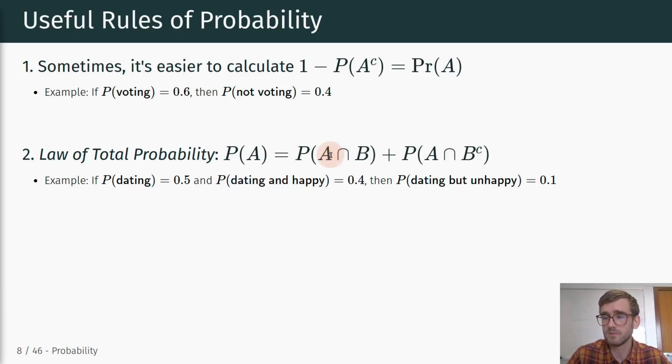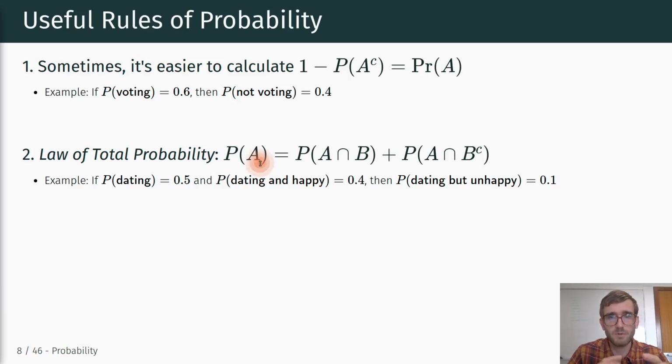One is the probability of A intersect B, so the probability of A and B happening, plus the probability of A and the complement of B happening. So this C always indicates the complement, or the opposite of that event happening, right?